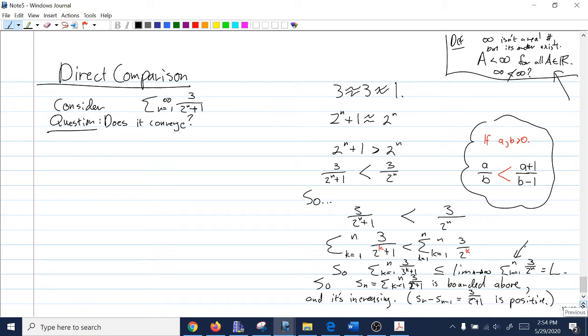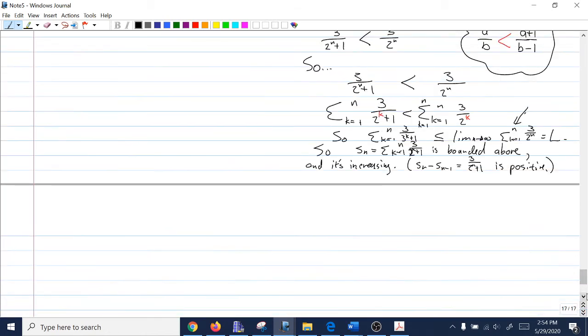The sequence of partial sums is bounded above and it's increasing, so it has a limit. So the series converges.